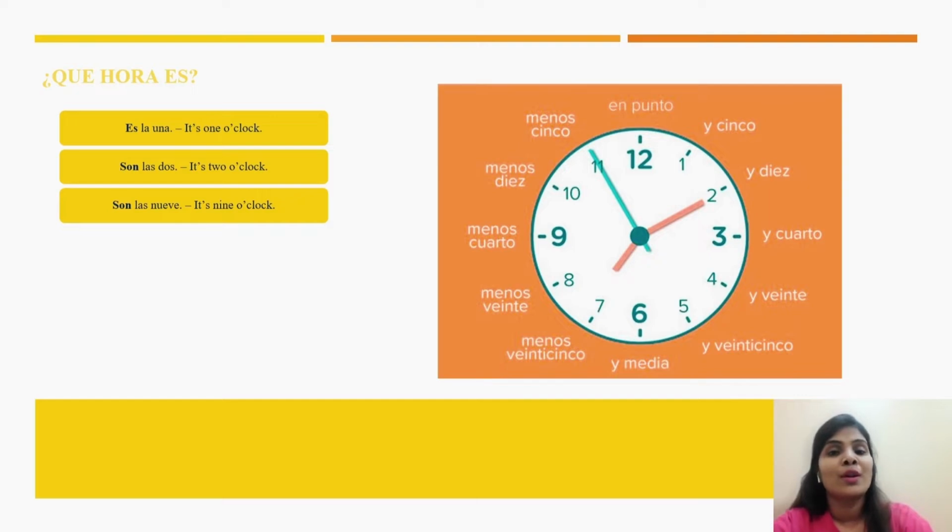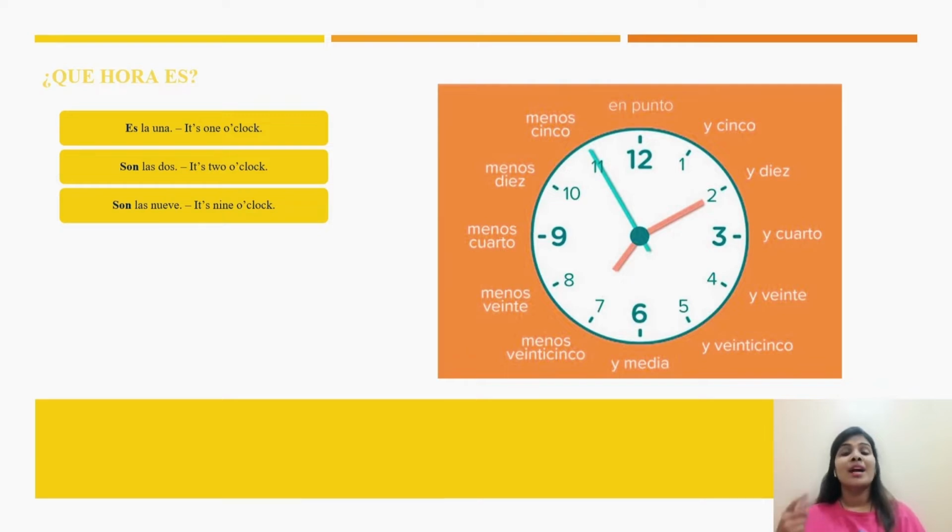For now, we always have to remember that when we use 1, it will be es, and when we use all the plural numbers, it will be son. So, our next is, it's 9 o'clock, which says son las nueve. So here we have learned how to say the hours in Spanish.